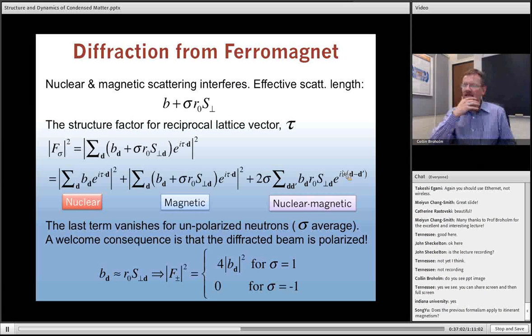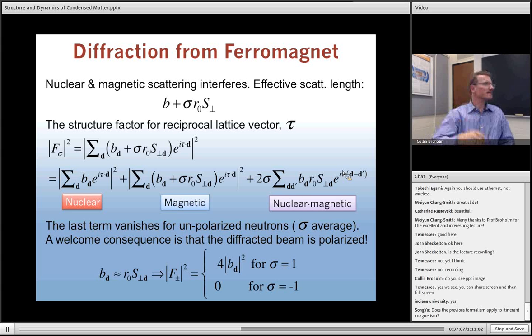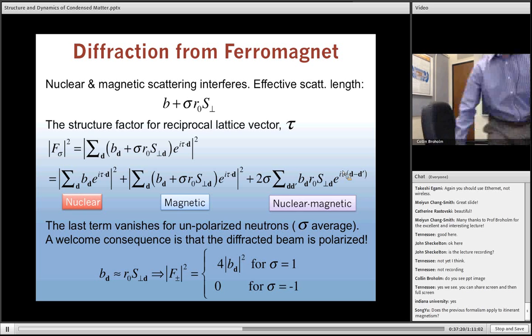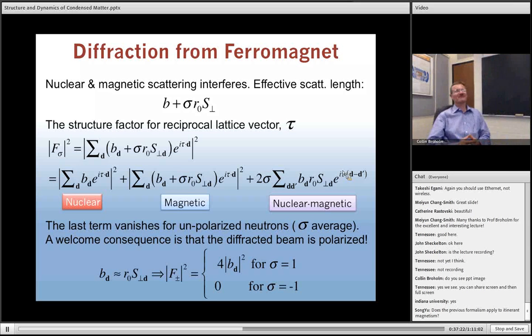And the first example, there's a question? Okay, that's an excellent question. Does the previous formalism apply to itinerant magnetism? I would say that operationally, essentially, it does.